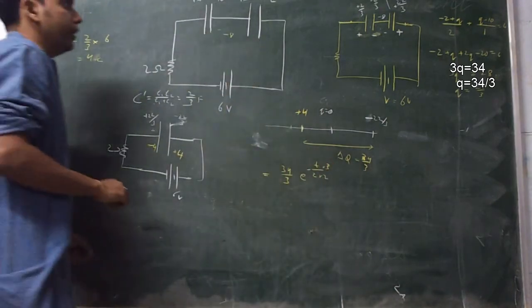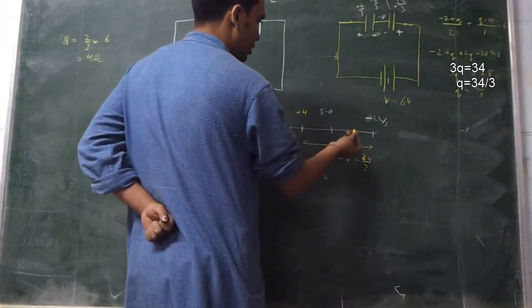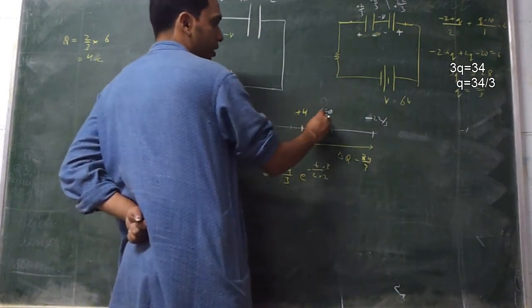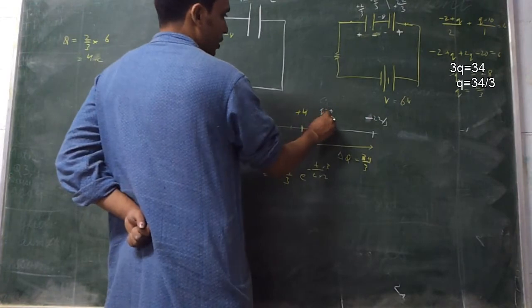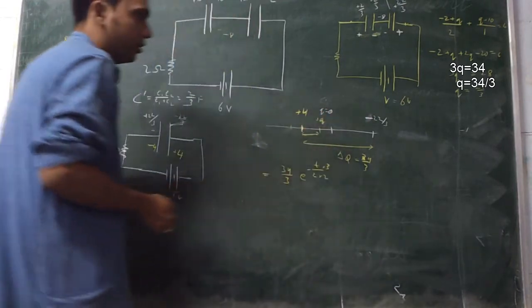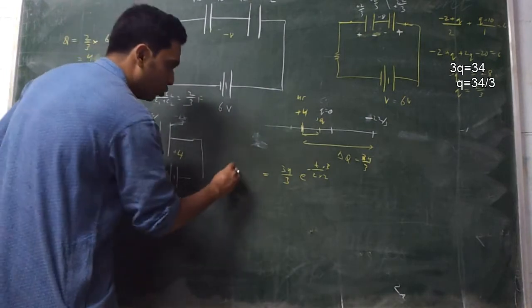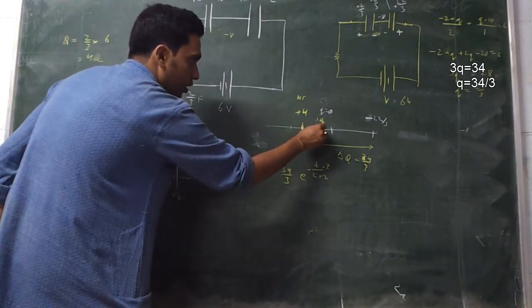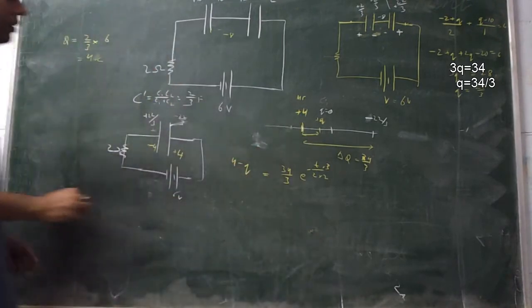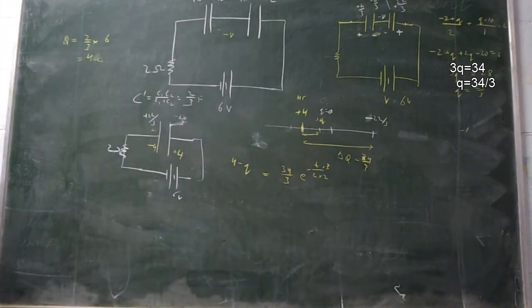Your Q at any time is, say, always take it on the plus side if you have considered this as plus. So say this is Q. So how much is remaining? The stretch remaining is Q minus this value; this value will be less and that value will be more. So it will be 4 minus Q. See, you should write the positive values.